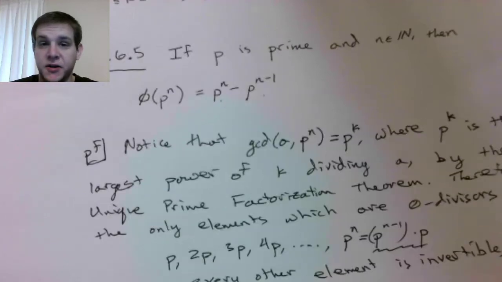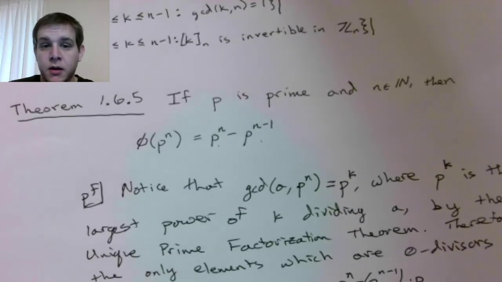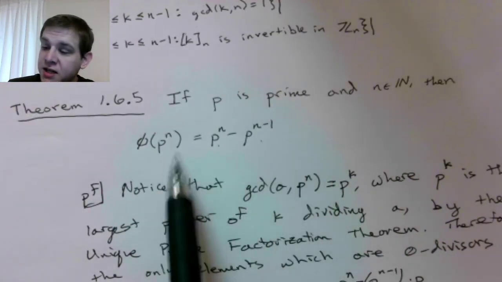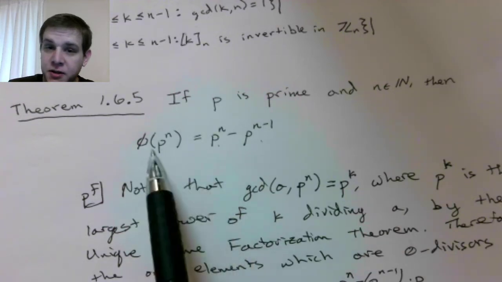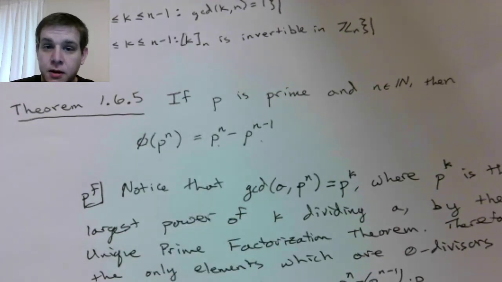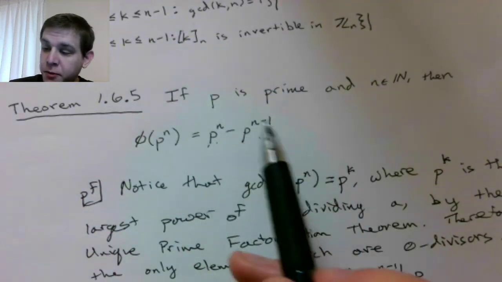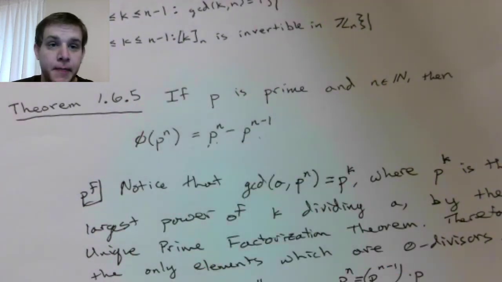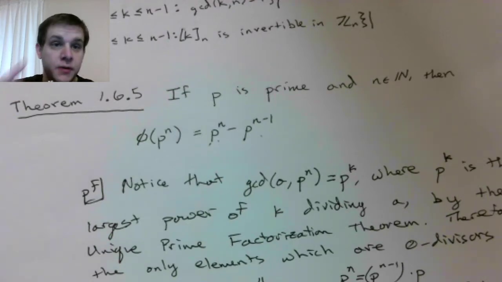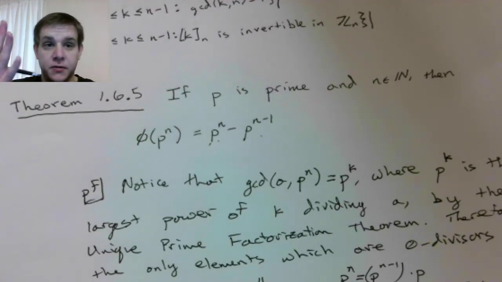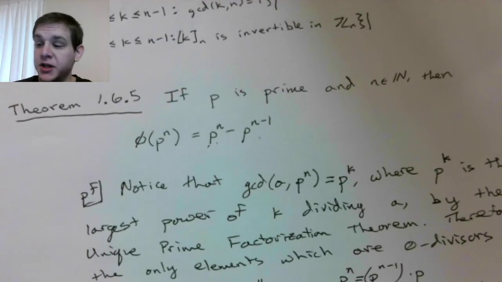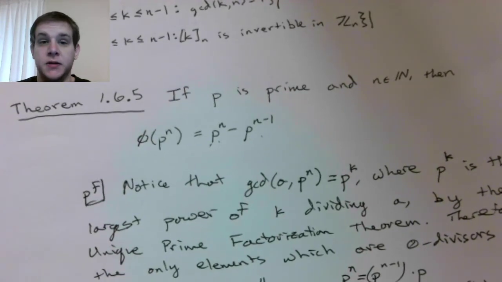So this is a nice little theorem. Right, we checked last time that phi of 8, which is 2 to the third, is 8 minus 4, so it's 4. And it's all the odd numbers, right? 1, 3, 5, 7. This was in your last homework to check which elements are invertible.